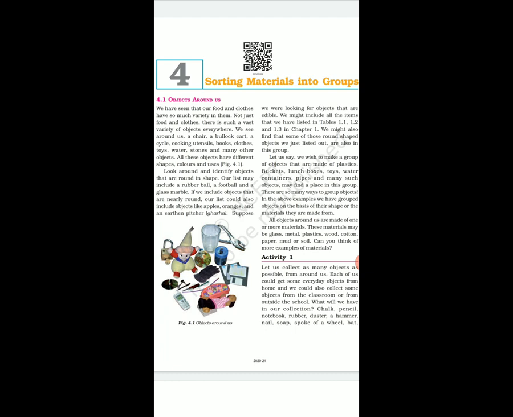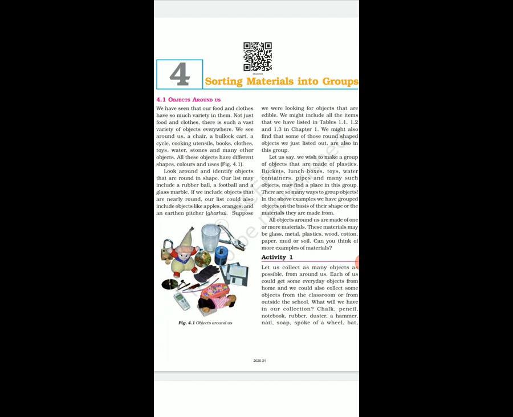Activity 1. Let us collect as many objects as possible from around us. Each of us could get some everyday objects from home, and we could also collect some objects from the classroom or from outside the school. Then what will be there in our collection? From the classroom you can get chalk, duster, right?